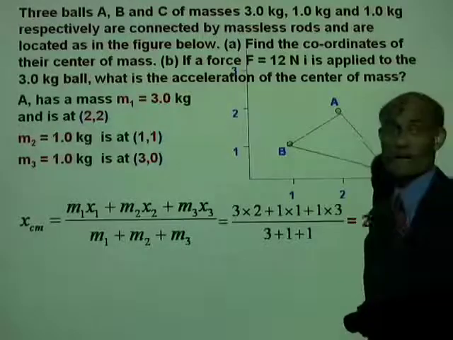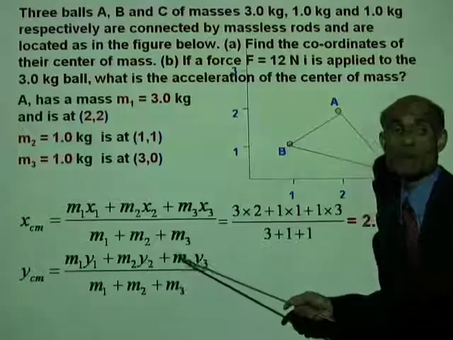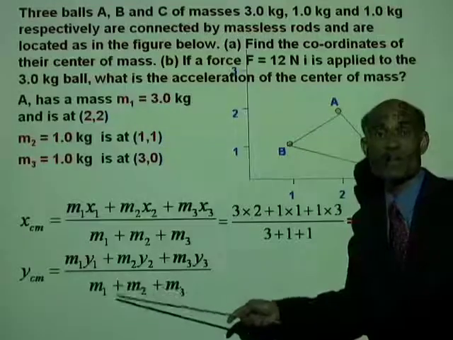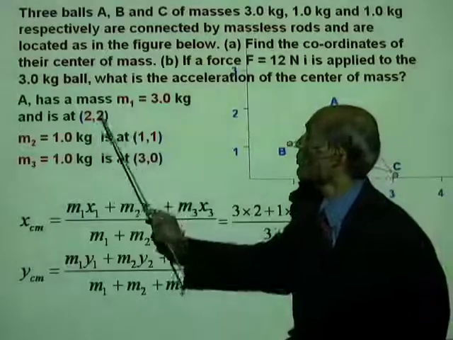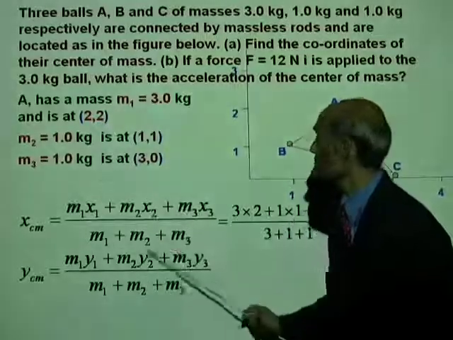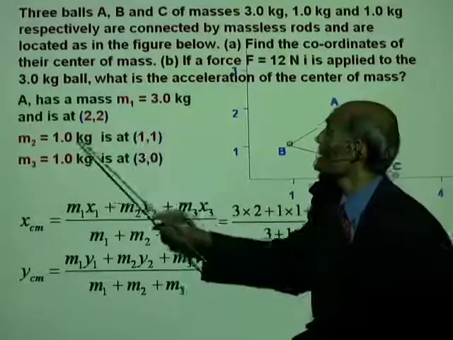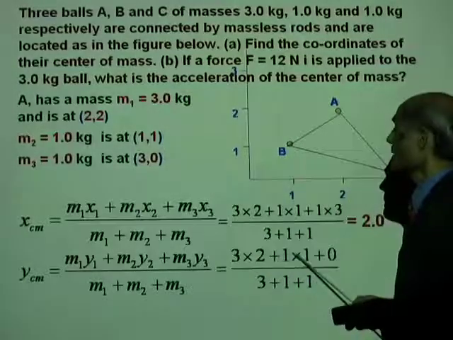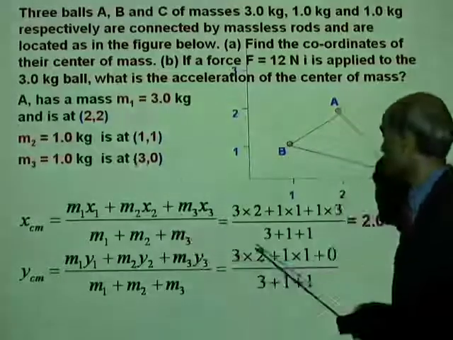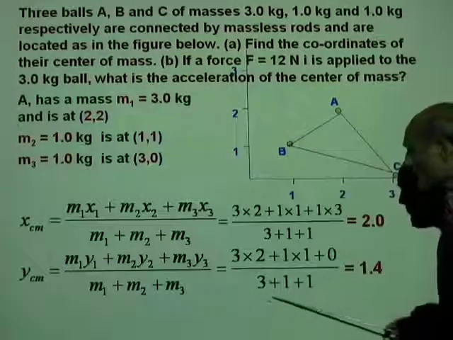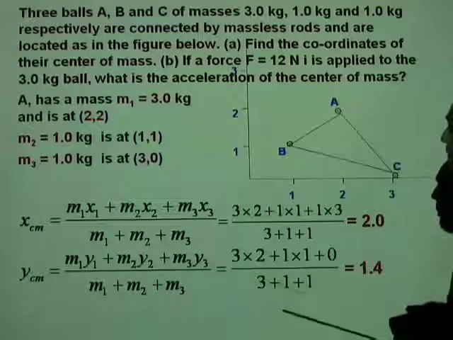How about the y center of mass? Y center of mass is m1 y1 plus m2 y2 plus m3 y3 over m1 plus m2 plus m3. m1 y1 is 3 times 2. There you are. m2 y2 is 1 times 1, plus m3 y3 is 1 times 0, divided by 3 plus 1 plus 1, and that is 1.4.